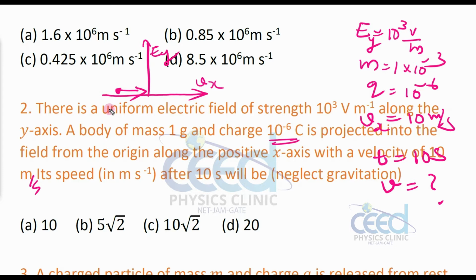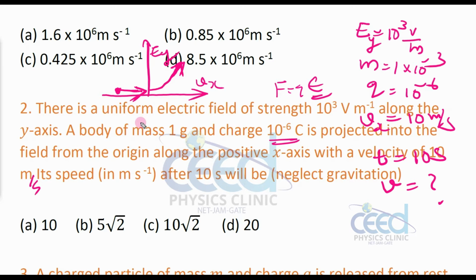Slowly it will turn toward the direction of the electric field, because we already know F is equal to QE. Due to this electric field, there is a force acting on the charge when it enters the field, so it has a tendency to move in the direction of the electric field.